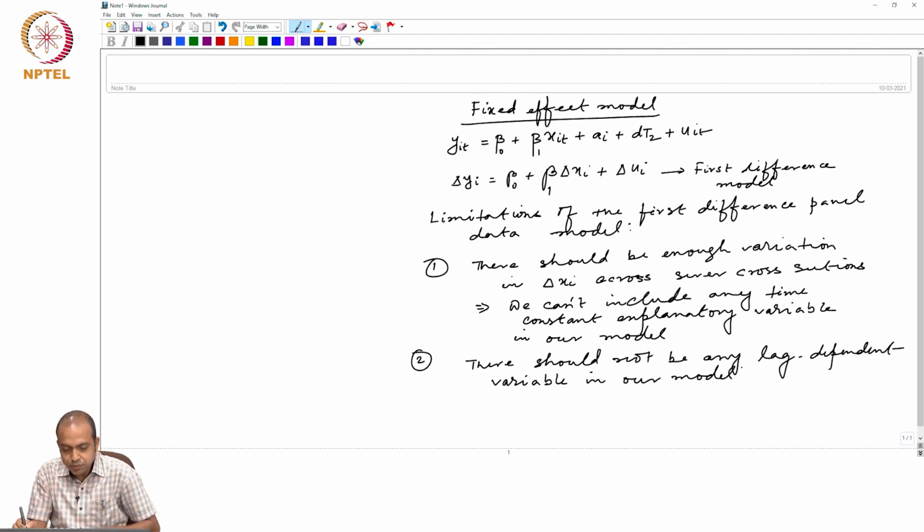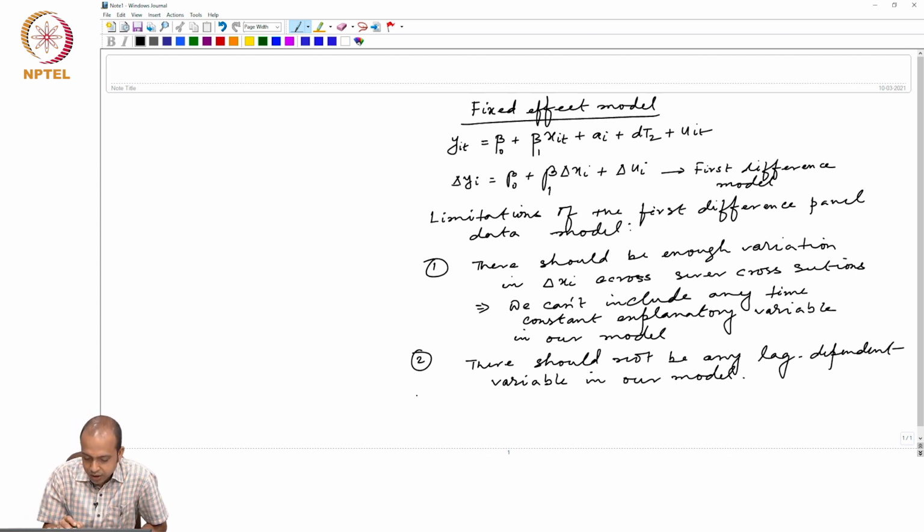Because if there is a lag dependent variable, let us say we have yit minus 1, then again we will get the endogeneity problem, because our error term has now become delta ui, which includes uit minus 1. So, this uit minus 1 will obviously get correlated with yit minus 1. That is why there should not be any lag dependent variable in the set of explanatory variables in our model.